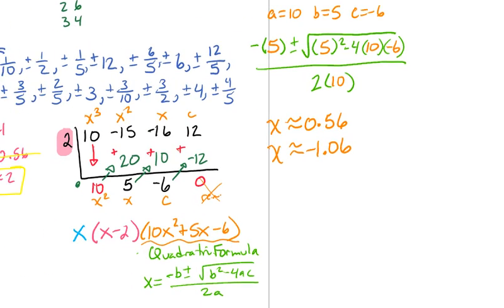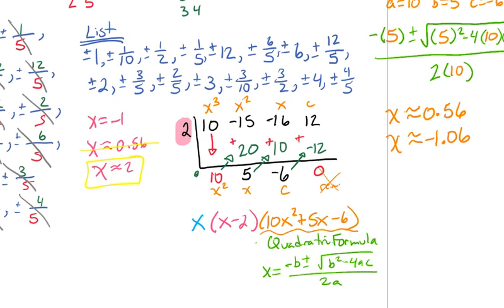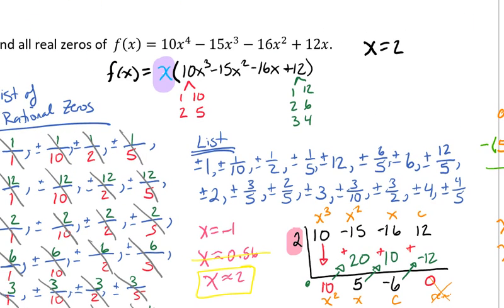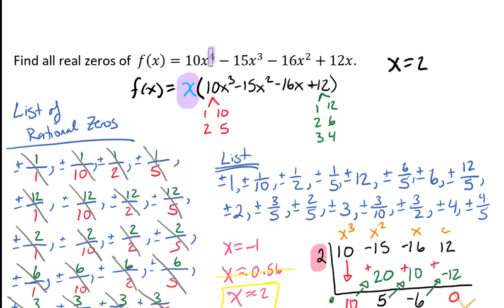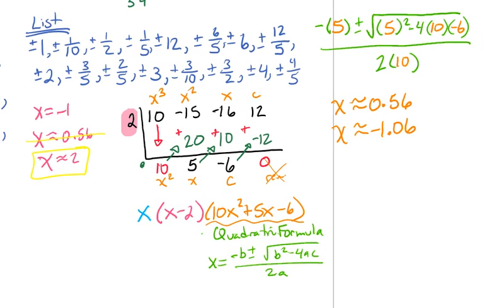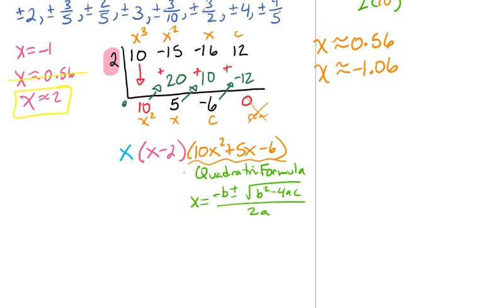And so now I've got all 4 of my answers, because remember, we're looking for 4 solutions. In this case, let's use a color. We have our x equals 2 that we found using our synthetic division.